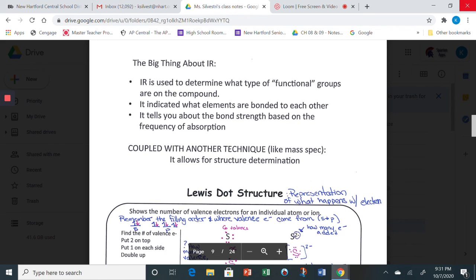Remember, you're going to have to know them. We'll refresh our memories when we study for the AP and review. But you have to know all those things on the last page of your previous note packet, where it had all the frequencies and all the different types of analysis you can do.